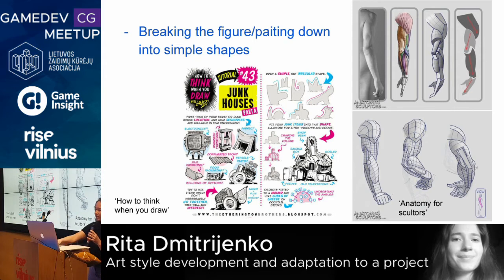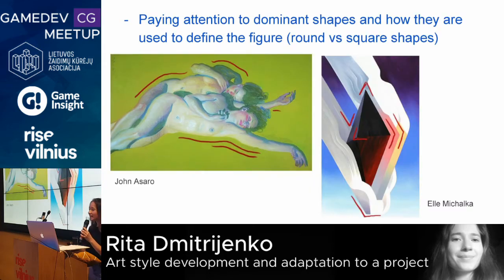So, tool number two is paying attention to dominant shapes and how they're used to define the figure. Usually in a drawing, you'll see that either round and soft shapes are dominating, or hard and squarish shapes are dominating.